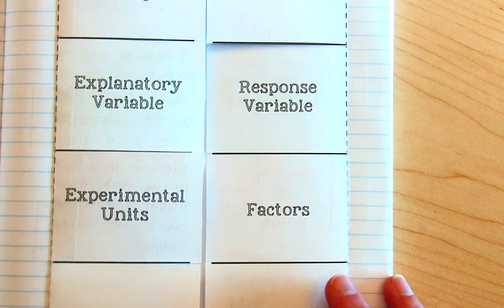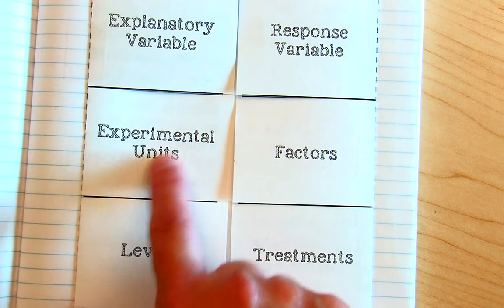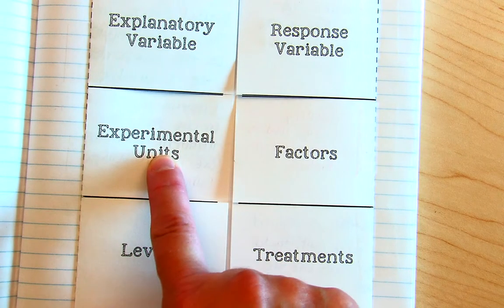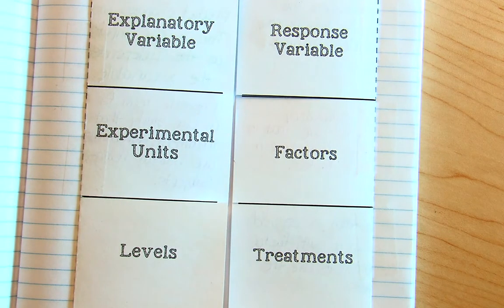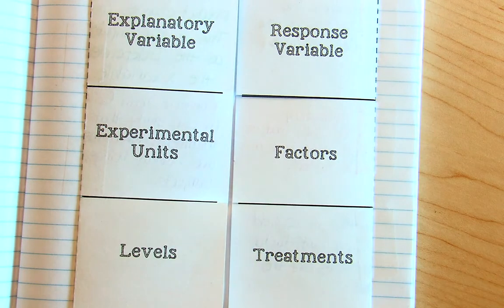Hopefully. Okay, good. Good. Experimental units. This is what is receiving the treatment. Okay? So, if we're talking about trying out different types of fertilizer on plants, the plants are the experimental units. We could be talking about having different people try different exercise programs.